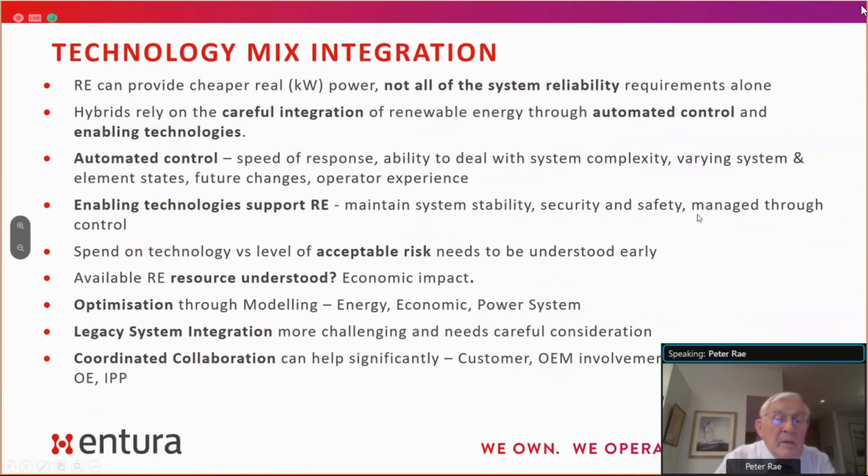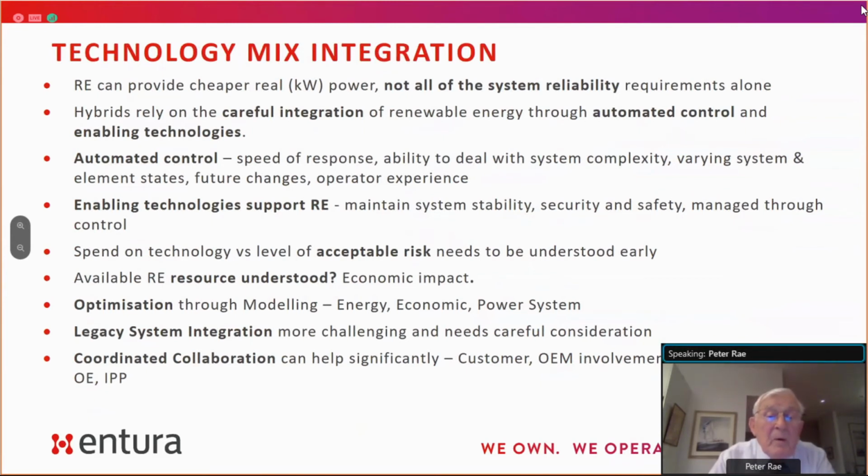Optimisation through modelling energy economic power systems. Legacy system integration is more challenging and needs careful consideration. And coordinated collaboration can help significantly. That is the customer, OEM involvement, critical designer, and OEM and IPP are all involved in the development of the hybrid systems.